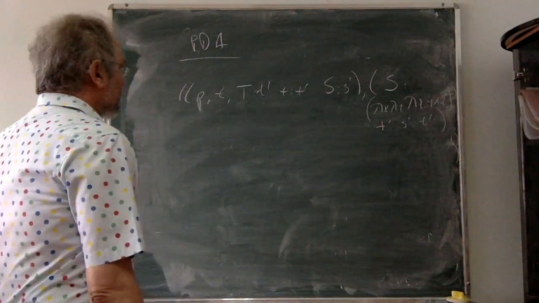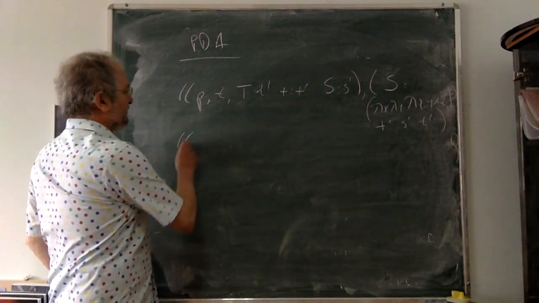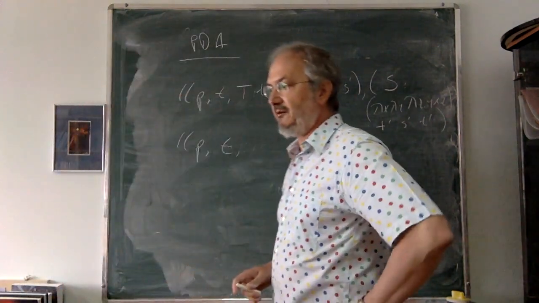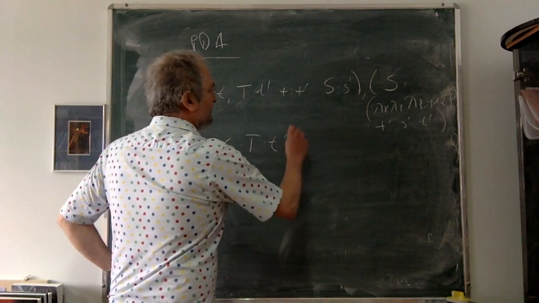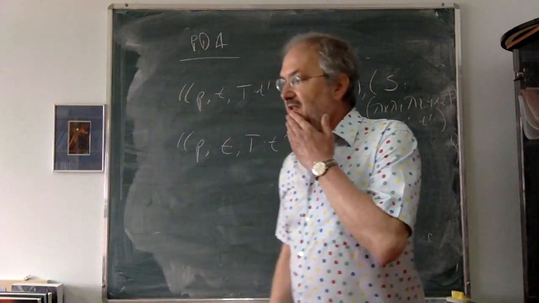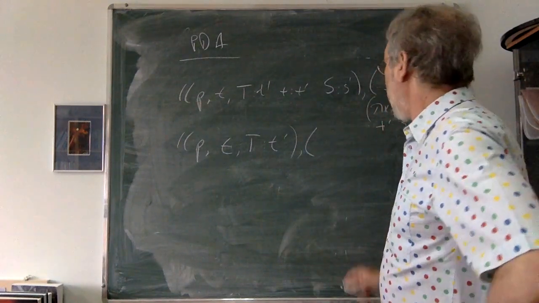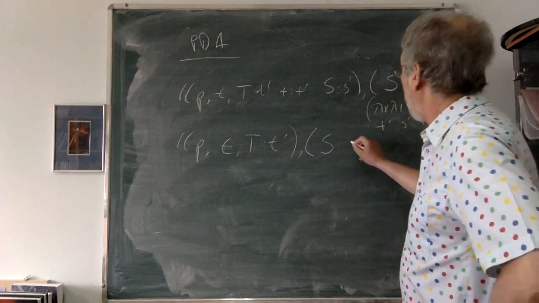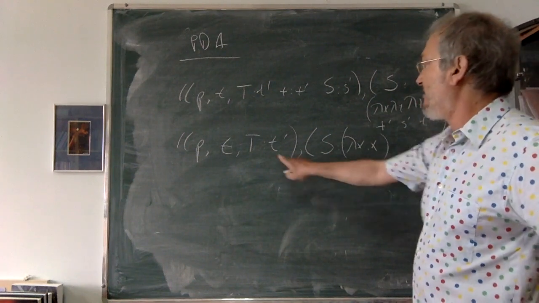Similarly, you can do it for other rules. Let me write another one. Let's write the t rule. If you have t on top, then t's left-hand side is essentially s again, and this time its lambda form is lambda x, and to that you provide this meaning.